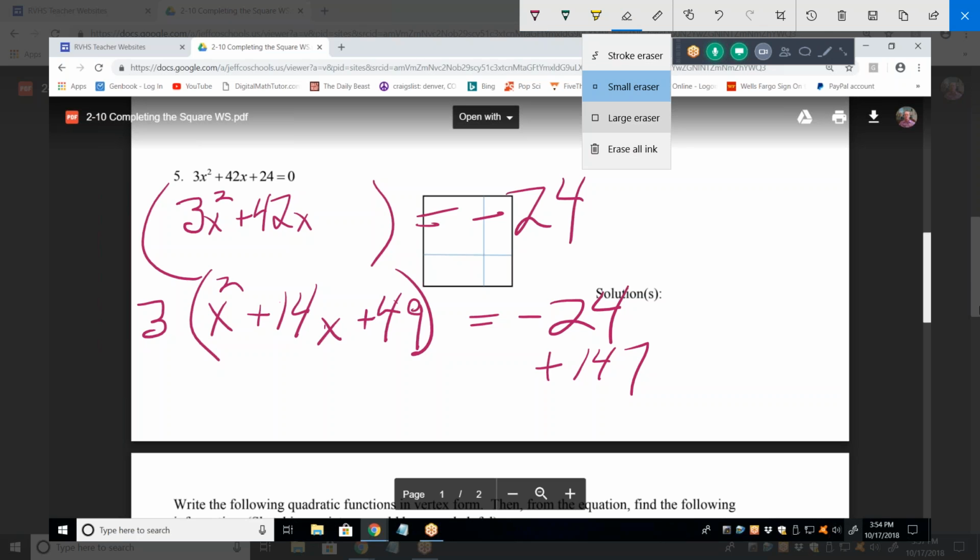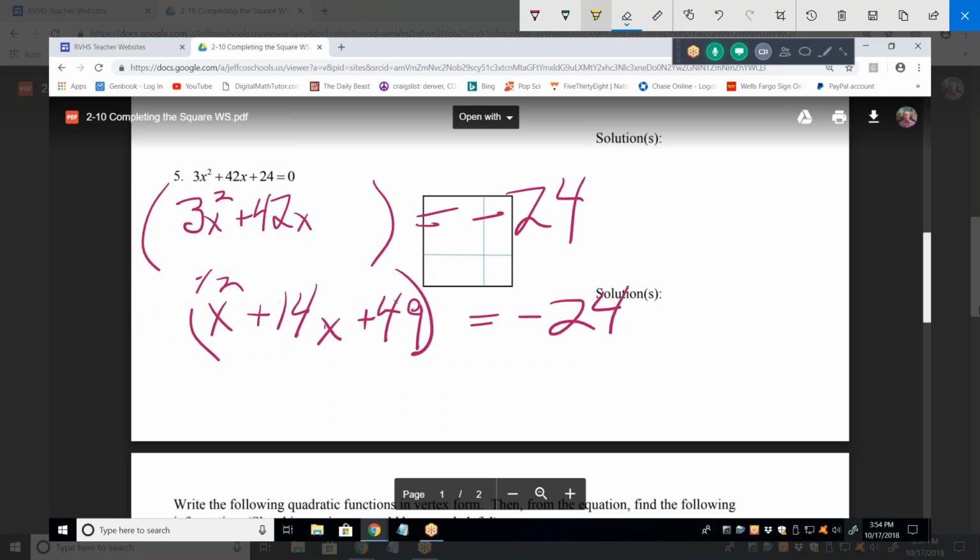However, let me back up a step because I didn't need to do it the hard way. I have to add 49 to complete the square, but now can't I divide both sides by 3? Yeah, you can. So we'll get rid of that 3, turn this into a minus 8, and now, how can I rewrite this, what's completed the square?